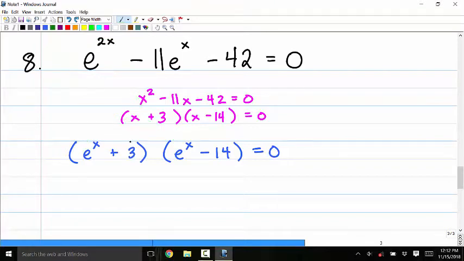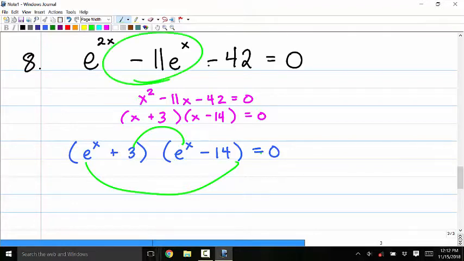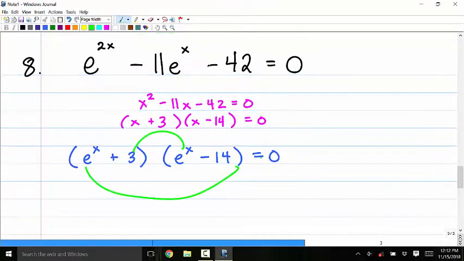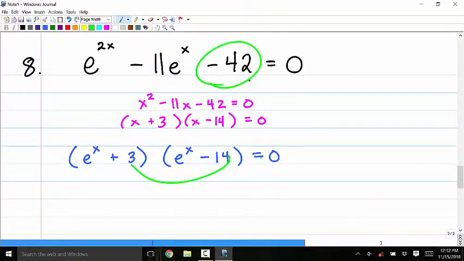When I did the outer and the inner terms, what's e to the x times negative 14 plus 3 times e to the x? That would give you the negative 11 e to the x. And then when I did the last terms, I would get negative 42.